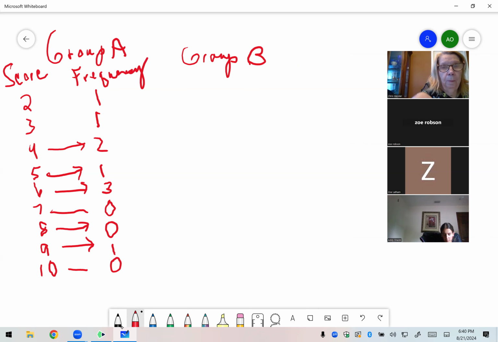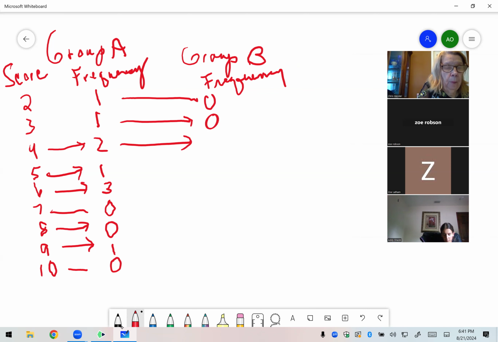And then group B. So there's 0, 0, 0, 5, 4 or 5. I'm sorry, I just want to do this last problem.